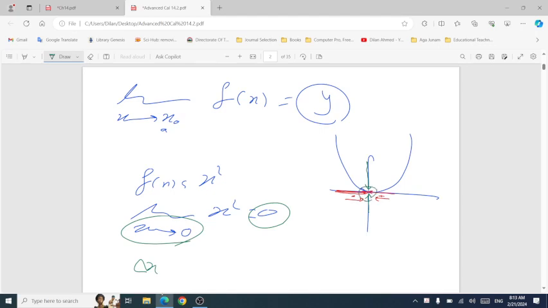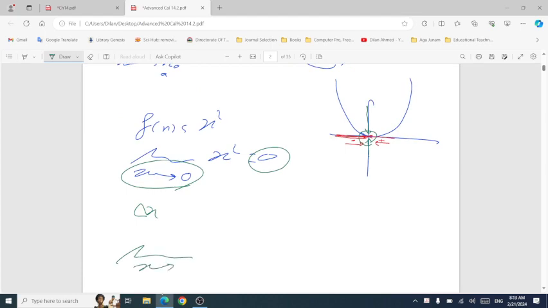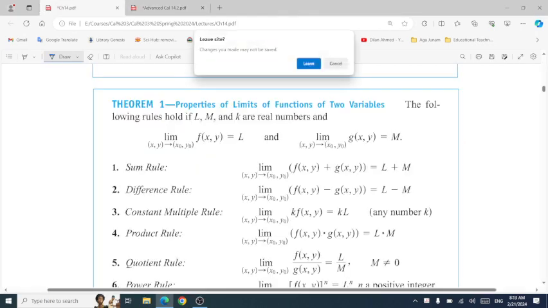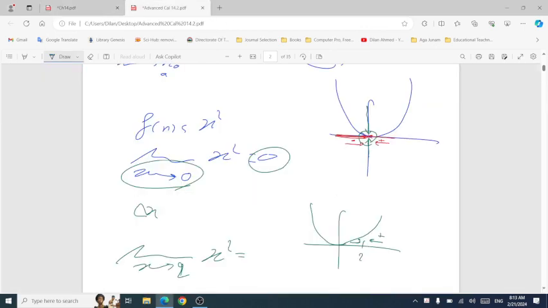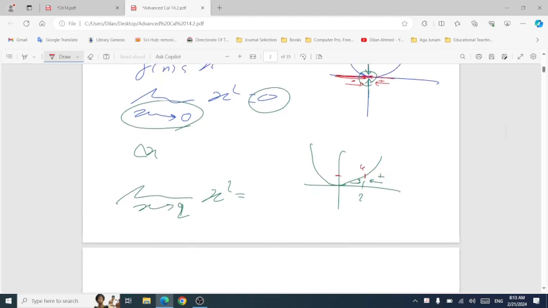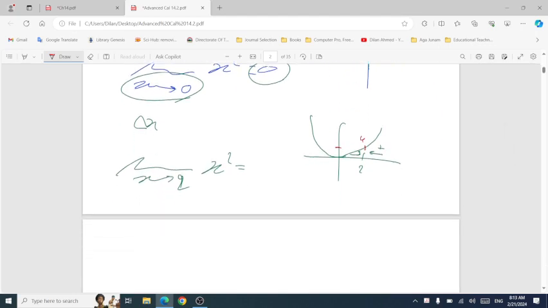Clear? For example, if you say the limit as x approaches 2 for x squared, you are talking about 2. So positive 2, negative 2. On the y-axis, I'll get 4. Clear? 2 squared. Oh, you got it? What do I mean by that?